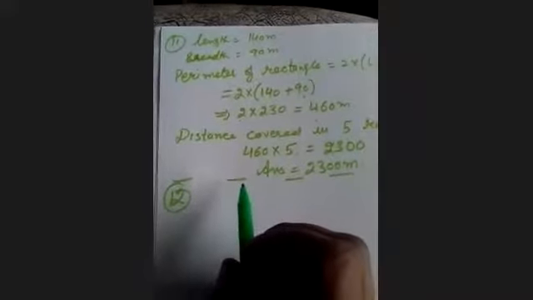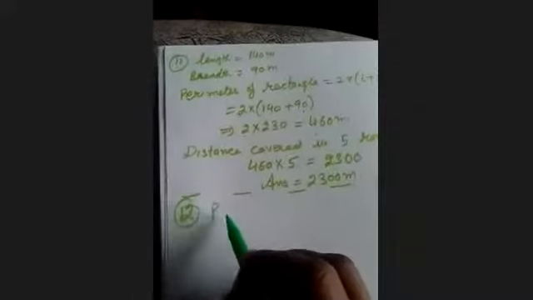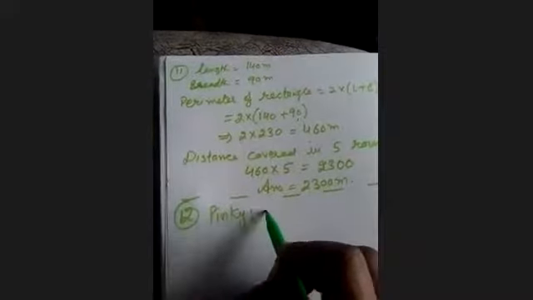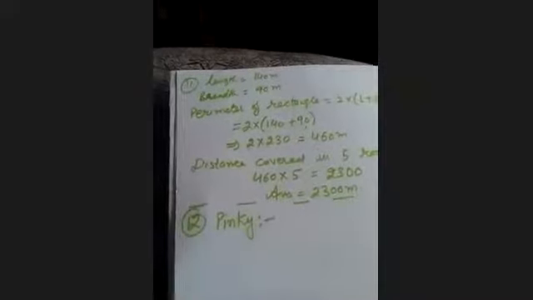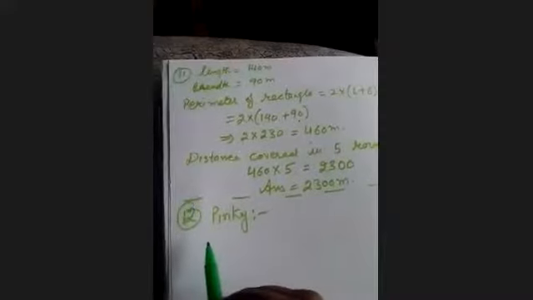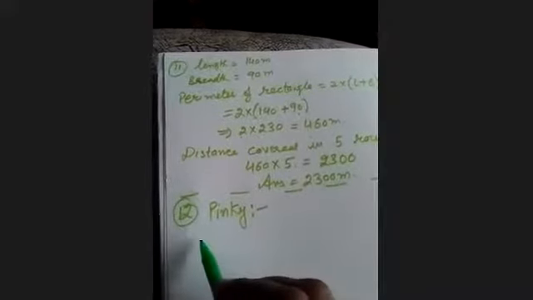Now find who covers more distance and by how much. First, we will find distance covered by Pinky. Students, Pinky runs in a rectangular park having length 80 and breadth 55. Find the perimeter of this rectangular park.